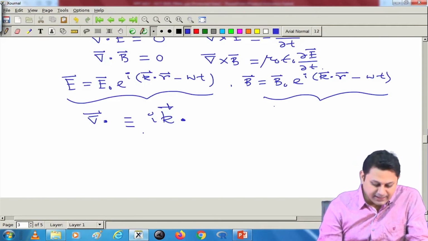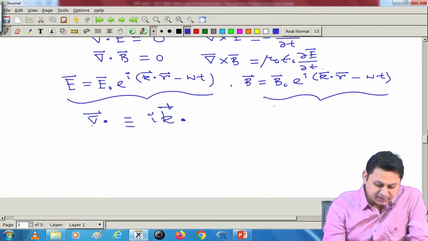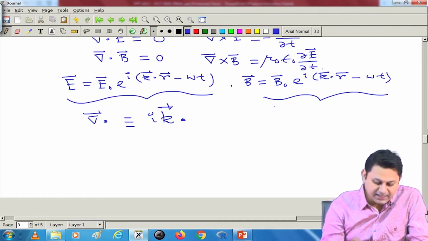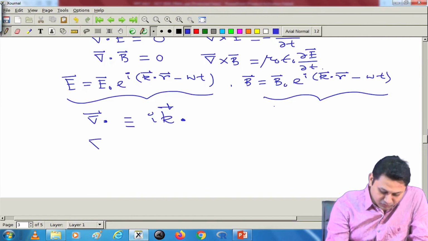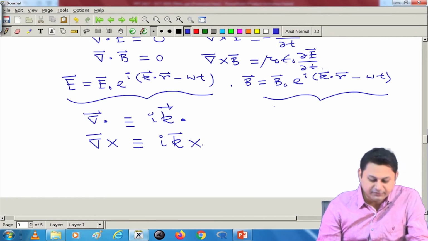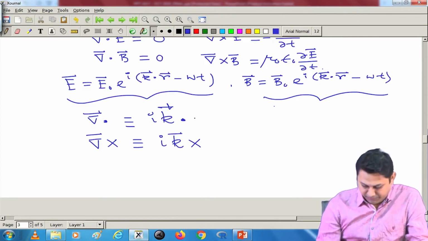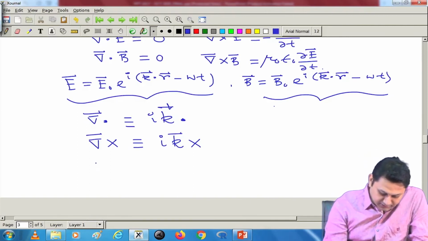If I operate the gradient, if I operate the divergence, then it is simply i k dot. You can verify that, you just operate over this and you will find that in the right hand side you have i k dot. In a similar way, when we have a curl operator, I will have in the right hand side i k cross. You can verify very quickly that this is really happening if I have a plane wave solution. And also another thing is this del t operator.